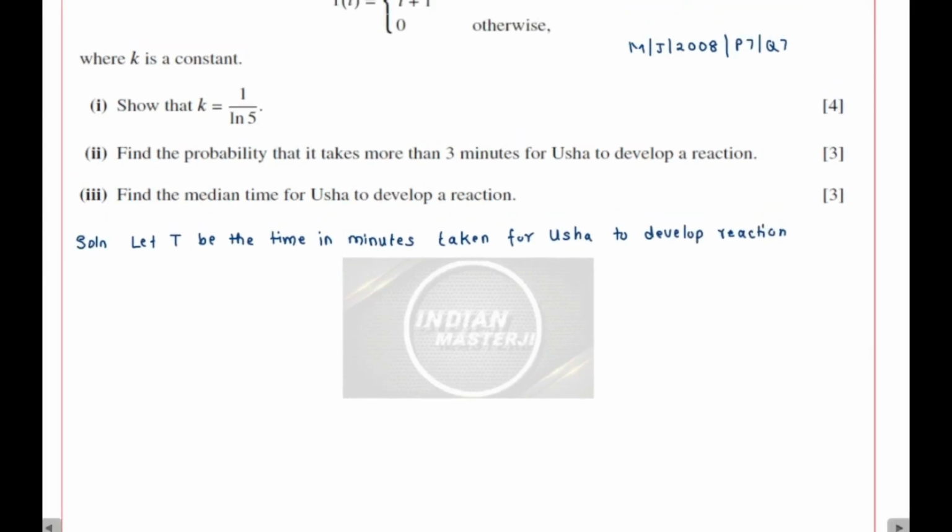Now, because we are supposed to find out k, I know that the area under the curve of the probability density function of this t will be equal to 1. So if I integrate f of t with respect to t for all real values, I should get the answer as 1, correct?